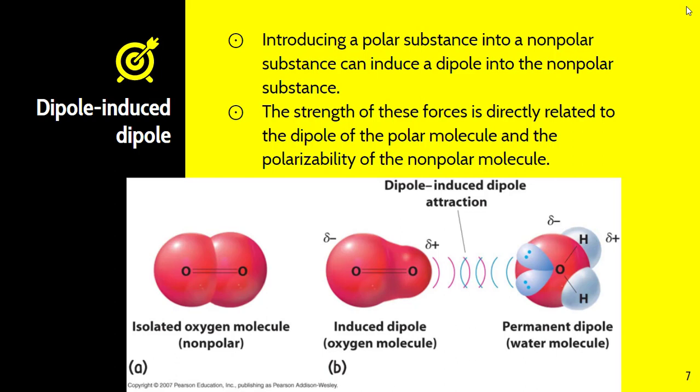They are going to force the electrons on the opposite side of oxygen away from that side, thus creating a positive dipole that's attracted to the negatively charged electrons. The opposite side then becomes relatively negative because it has more electrons. So by introducing a polar substance into nonpolar material, we can actually induce a dipole.